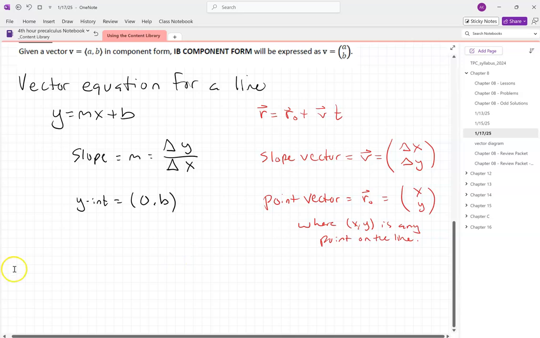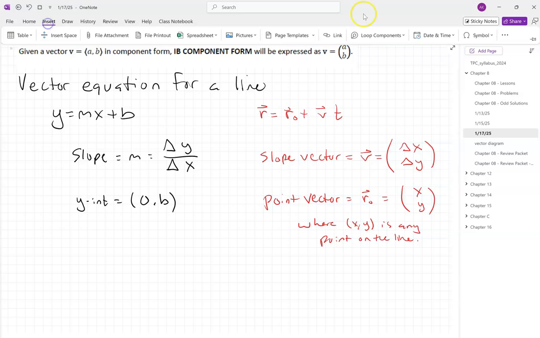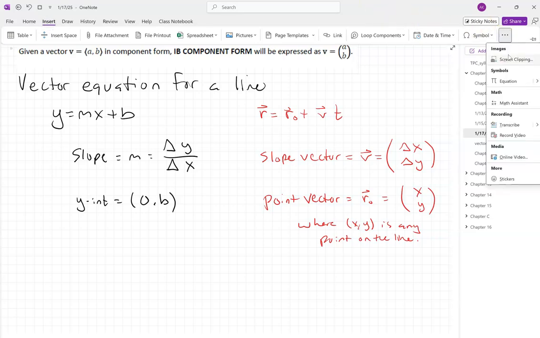Let's do some numeric examples here where we just practice converting back and forth from a slope-intercept equation to a vector line equation, and then from a vector line equation back to a slope-intercept equation.